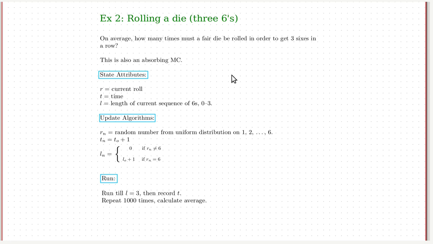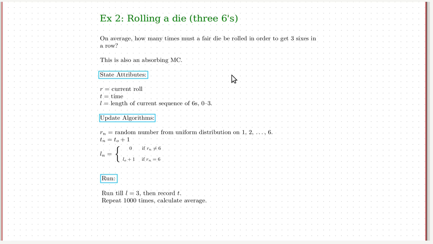It'll include T for the time, in other words, the number of rolls that we've already performed. And in addition, in this case, we want to keep track of whether we've already gotten some 6s in a row so far. Maybe we're working on a partial streak of 6s. So if we've already got 2 6s in a row, then we only need one more 6 in order to achieve our goal, and then we can stop.